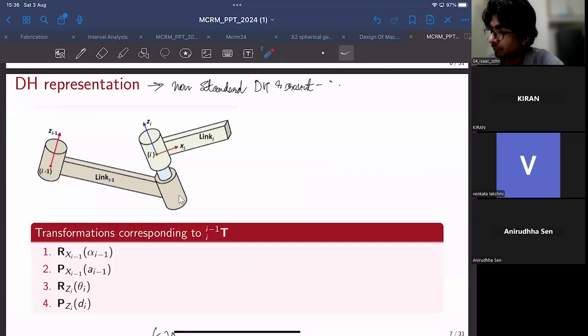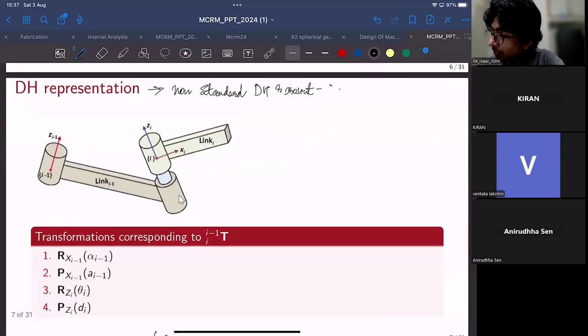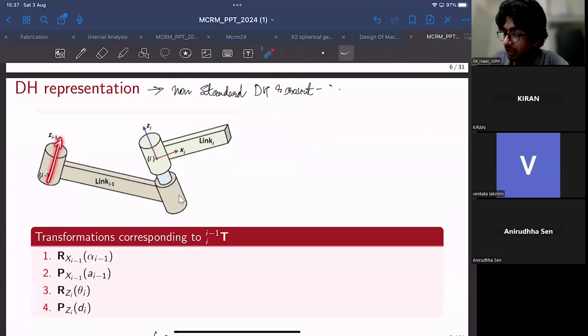Okay, yeah. The second thing, as I have explained, is to fix the direction of the x-axis, the x-axis for the (i minus 1)th frame. The procedure to locate Xi minus 1 is to first compare the directions of Zi and Zi minus 1. And Xi minus 1 would be along the common normal between Zi minus 1 and Zi.